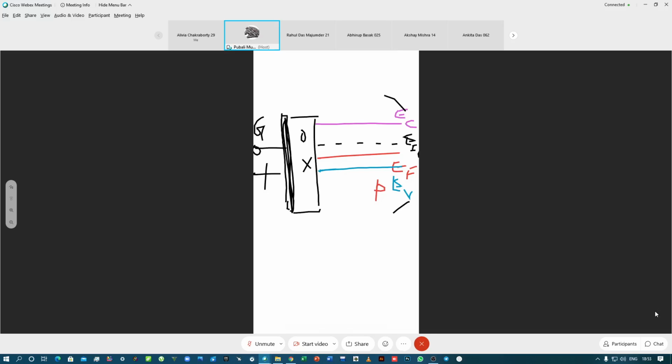Means what? The material is becoming less p-type and more n-type. If it is more n-type, then we will see that the conduction band edge and the valence band edge are changing in this fashion.